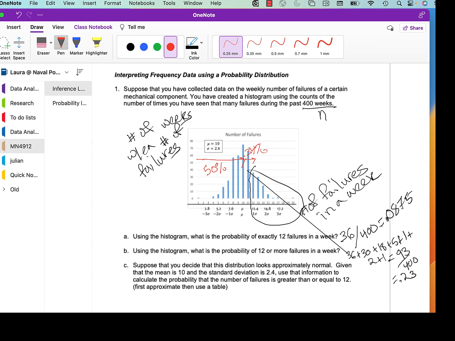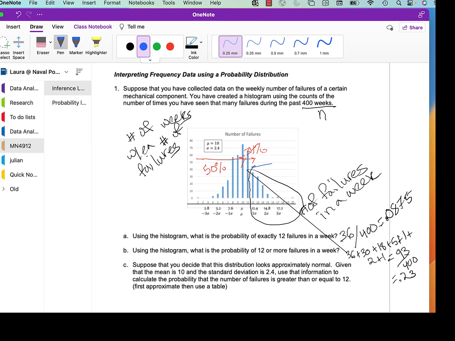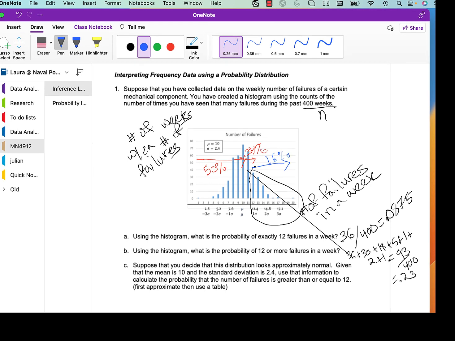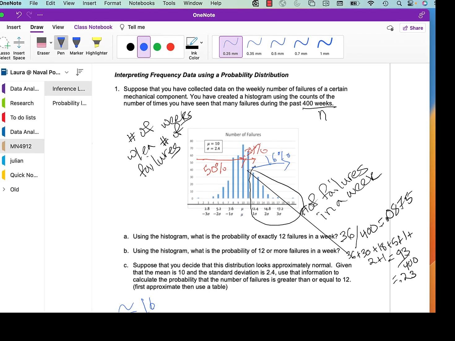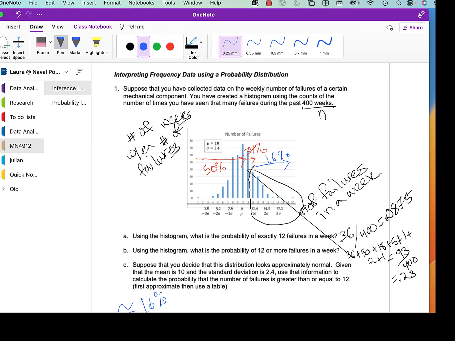So we could say that roughly, right, 84% of observations lie below 12. So about 16% of observations, let's make that blue, lie above 12. So, right, approximately 16%, right, 0.16.